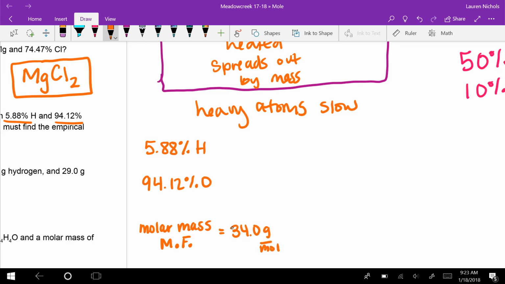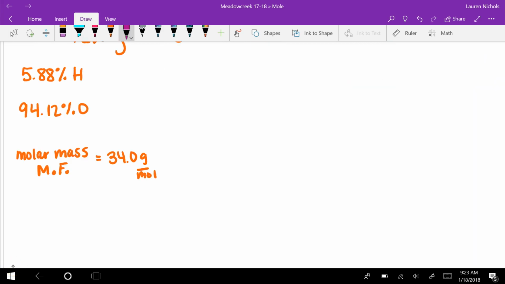So we're going to keep that information, and we're just going to keep on rolling. First thing is percent to mass. So I'm going to change these percentages into grams. So 5.88 grams of hydrogen, and 94.12 grams of oxygen. So step number 1, done.